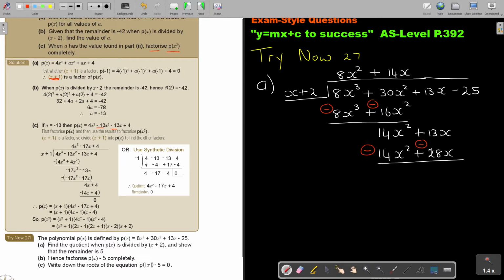And then, remember it's actually 13 minus 28, so it's going to be negative 15x. If I divide, what do I get? Negative 15. You can bring already that one down. And then I multiply and I get negative 15x and negative 30. Draw the line and I change the signs.